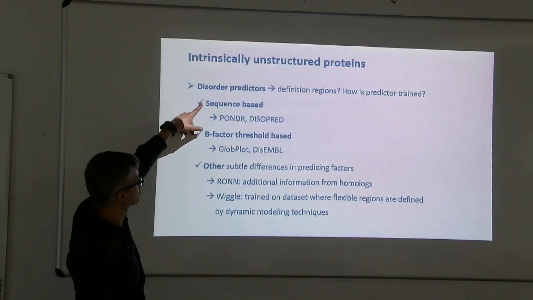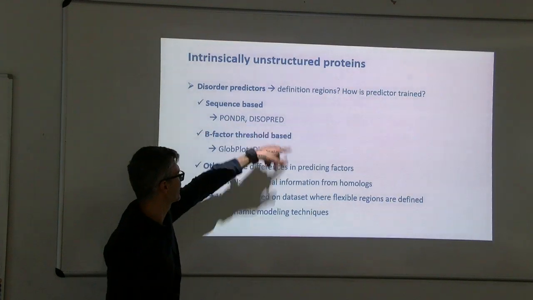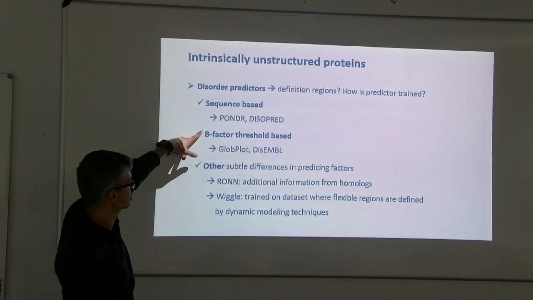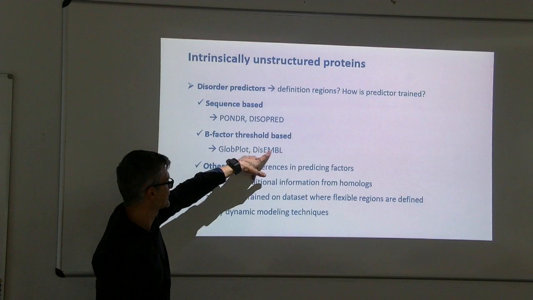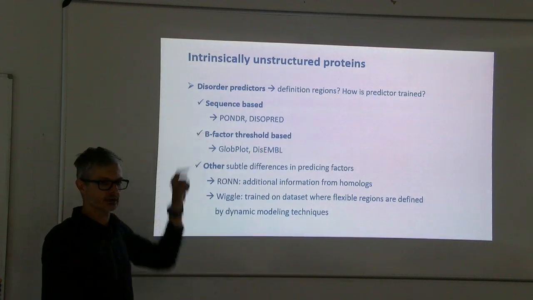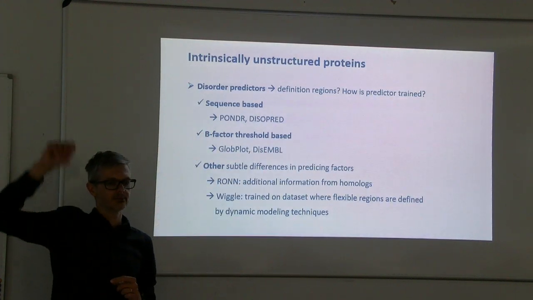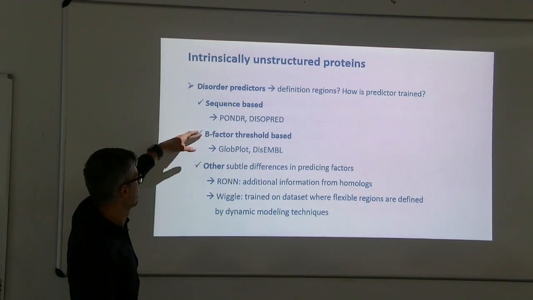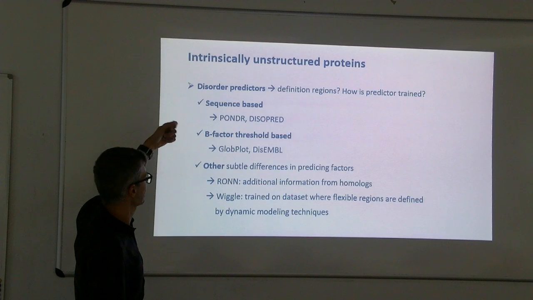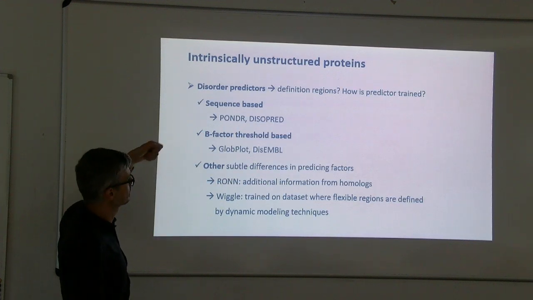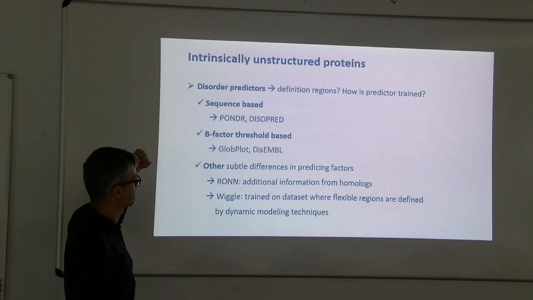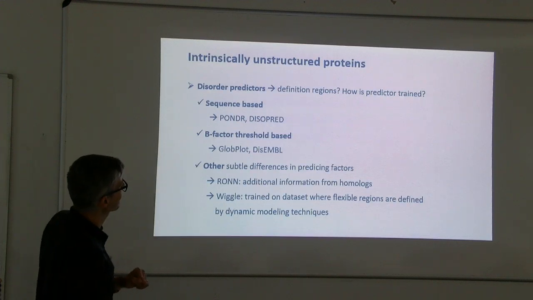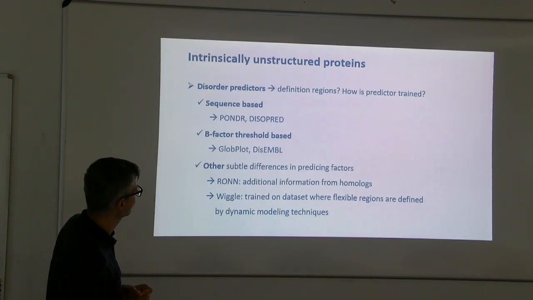Sequence-based tools are PONDR and DISOPRED. B-factor threshold-based tools are GlobPlot and Dismemb. Remember the B-factor, the last column of your PDB file, which tells you how reliable the position of your atom is.